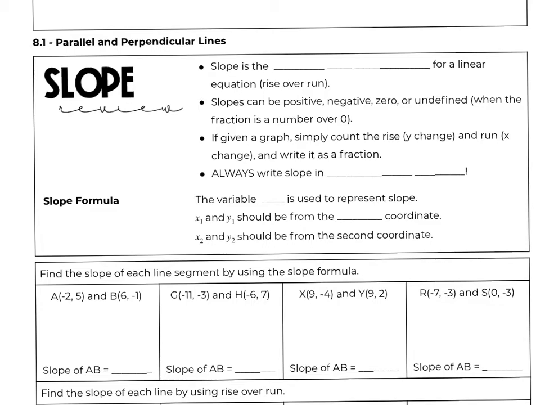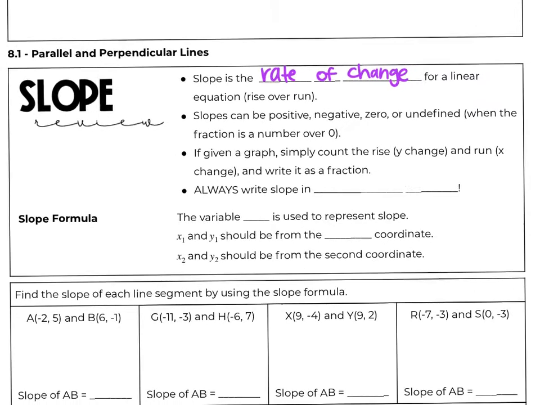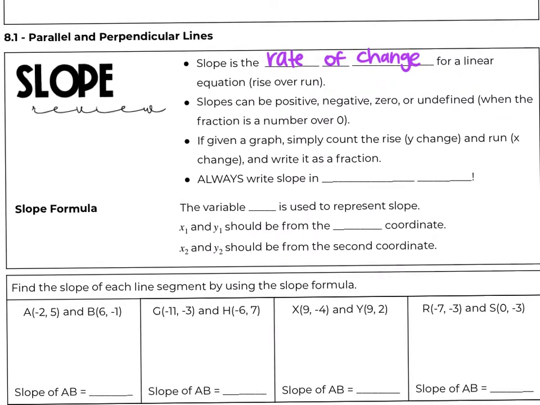So slope is the rate of change for a linear equation. If you remember, rise over run. Slopes can be positive, negative, zero, or undefined.